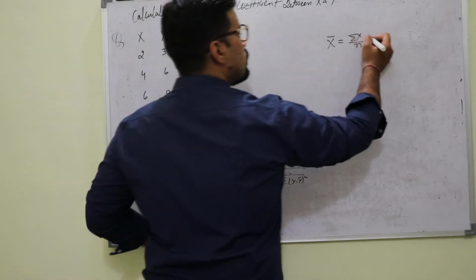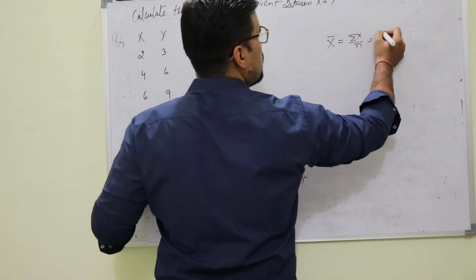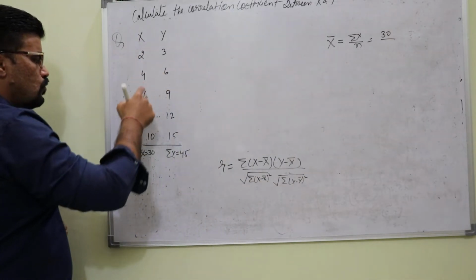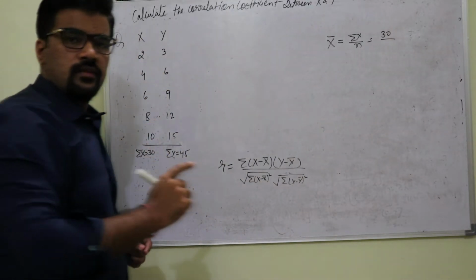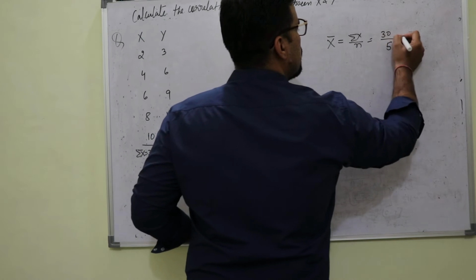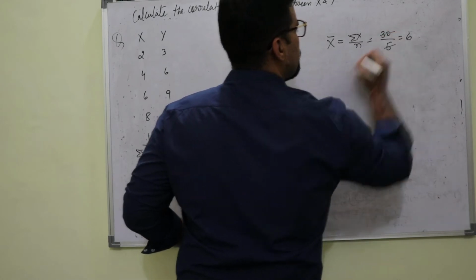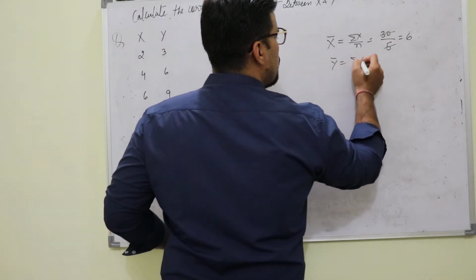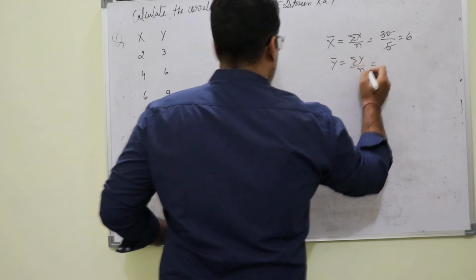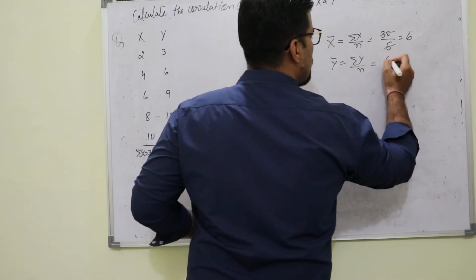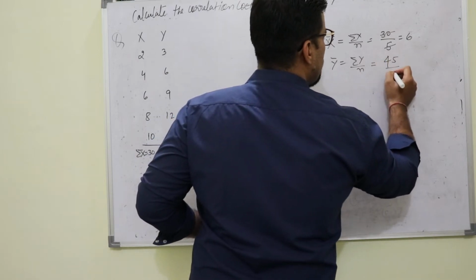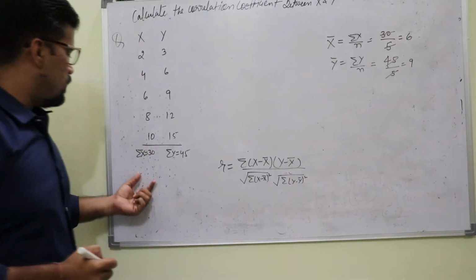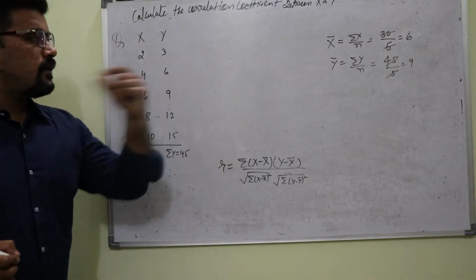So x bar is equal to sigma x, 30, divided by n, number of observations, 1, 2, 3, 4, 5. So 30 upon 5, we'll get x bar is equal to 6. Right? Then y bar. So y bar is sigma y upon n. So sigma y is 45 divided by 5. So when we simplify it, we'll get 9. So we'll get x bar is equal to 6 and y bar is equal to 9.